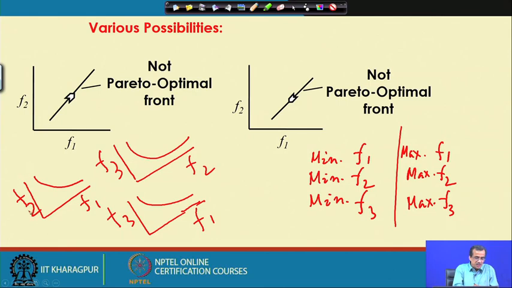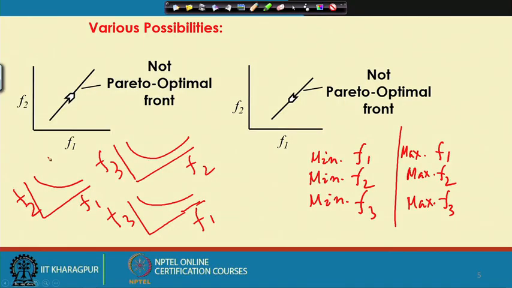What I can do is superimpose these 3 Pareto optimal fronts and visualize the Pareto optimal surface, because this will be in 3 dimensions. We human beings can visualize only up to 3 dimensions. So, this particular Pareto optimal surface we can visualize. This is actually called the 3 objective optimization problem.